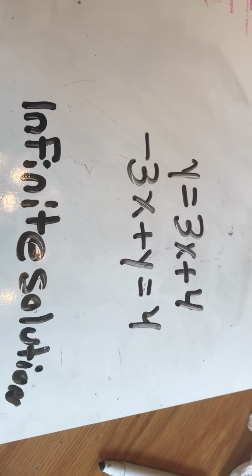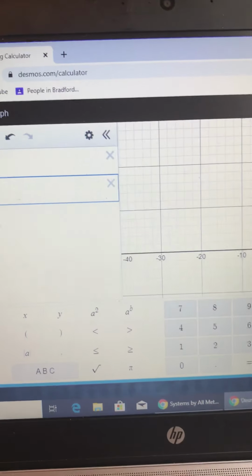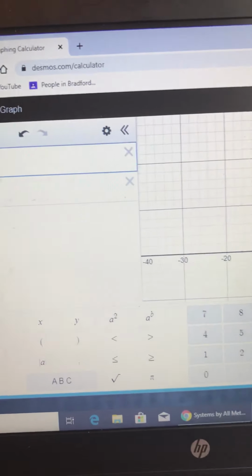If we graph that using Desmos, y equals 3x plus 4, and then I enter my next equation, negative 3x plus y equals 4.